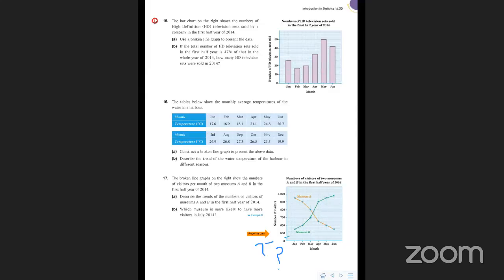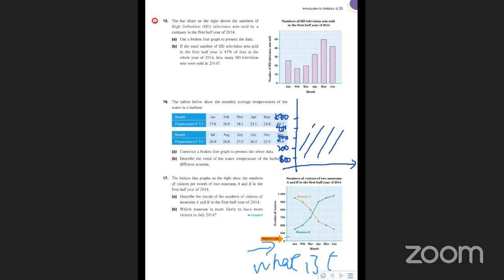Therefore, in this case, if you don't skip the values and use the graph paper in this way, maybe 100, 200, 300, can you imagine what happened? Half of the graph will be empty.